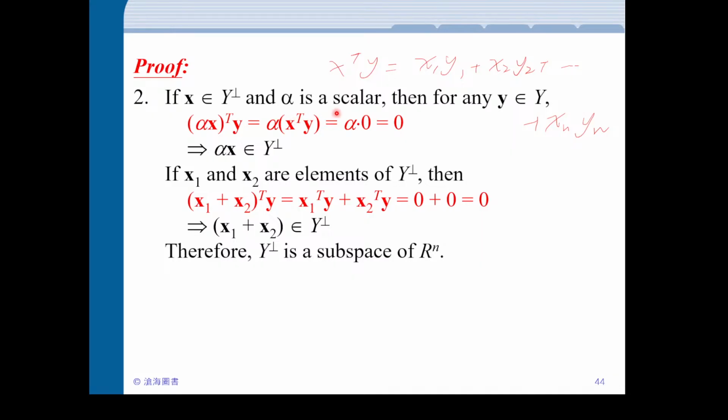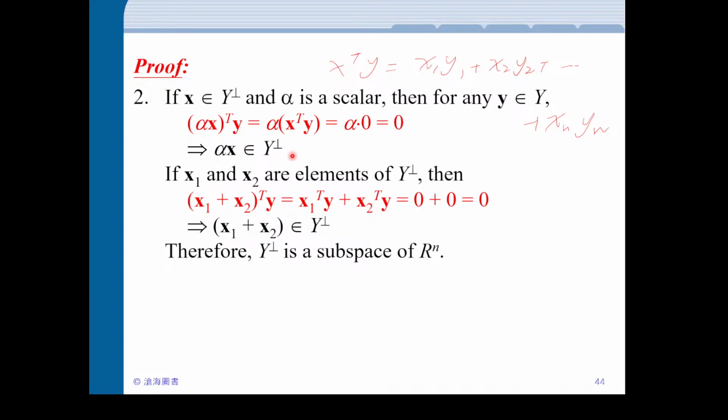We want to check that alpha x is orthogonal to every small y inside big Y. So alpha x transpose y, and using linearity of matrix multiplication, this is alpha times x transpose y, which is alpha times 0, which is equal to 0.